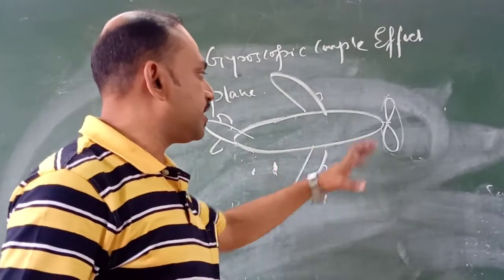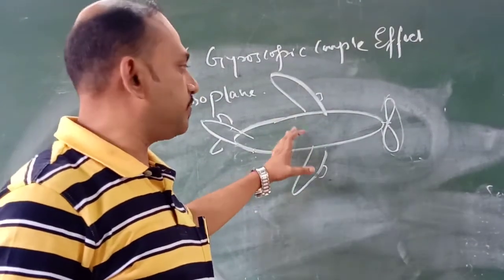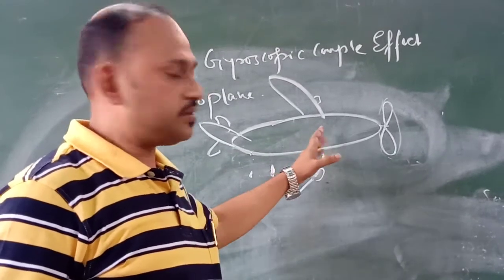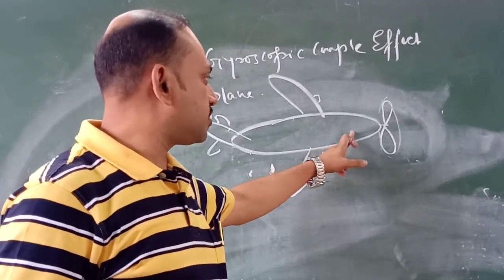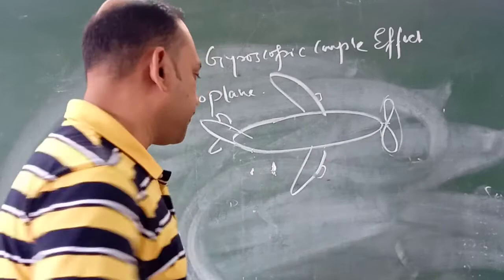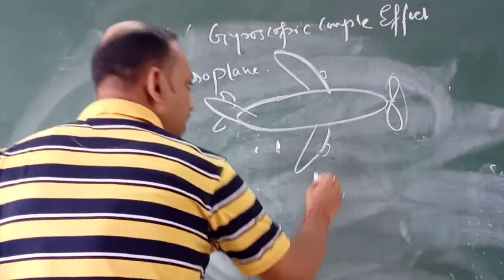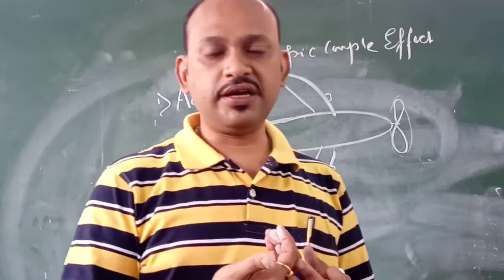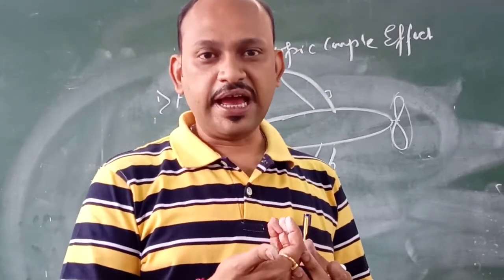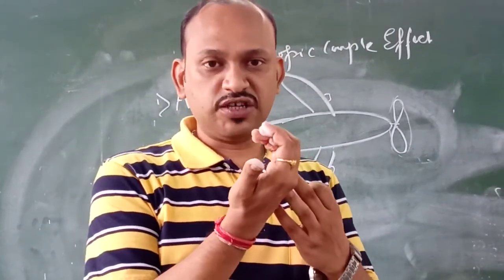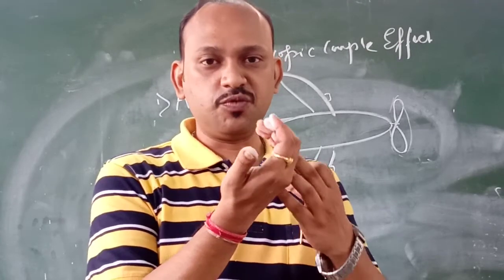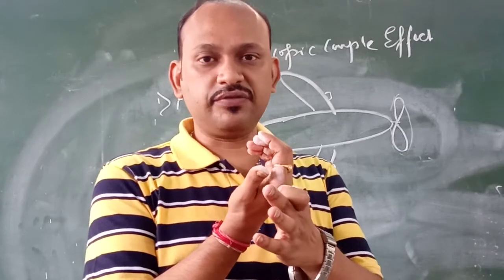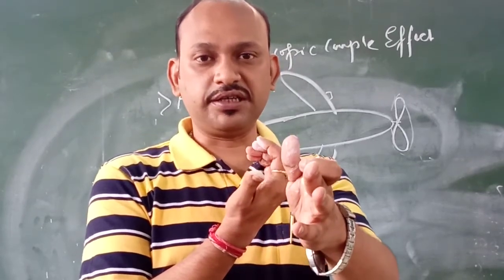The main indication that is to be given is about the direction of motion, the direction of the axis of spin. So as we know, when the rotor is having a clockwise or anti-clockwise movement, a clockwise movement when seen from the back, the direction of the velocity vector will be in the forward direction.